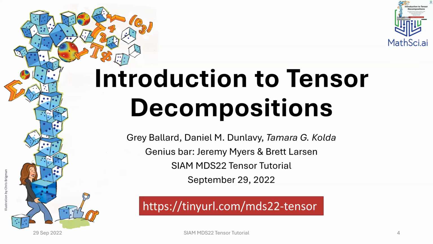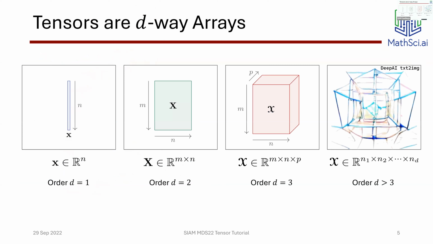Okay, so welcome. First, I'm just going to start off by giving you the basics of tensor decomposition. When I talk about a tensor, I'm talking about a D-way array. So a vector is a tensor of order 1. A matrix is a tensor of order 2. When you get to 3 ways or higher, then you're talking about something called a higher order tensor.